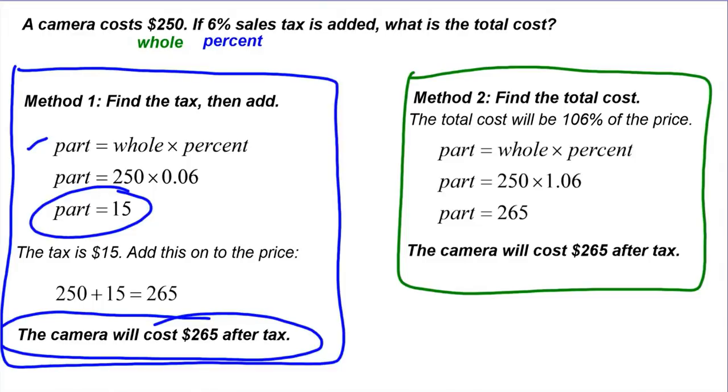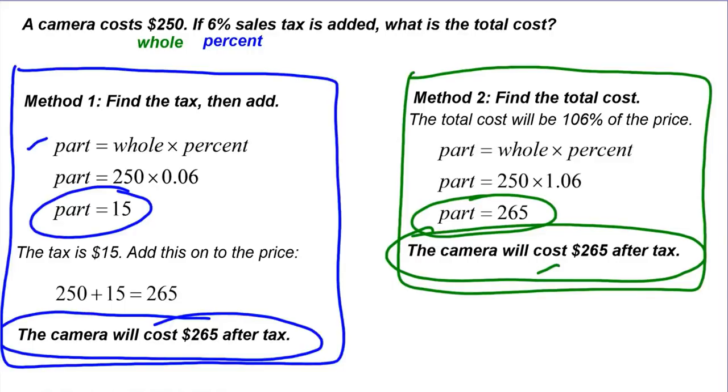So again, 250 is the whole. Now 106 is the percent. I'm going to use the same equation, part equals whole times percent, but now my percent, 106%, is 1.06. So I take 250 times 1.06, and that gives me 265. So the camera will cost $265 after tax. I get the same answer, just in one less step.